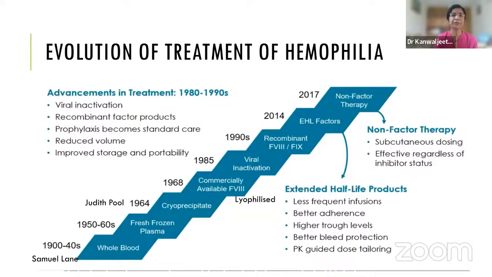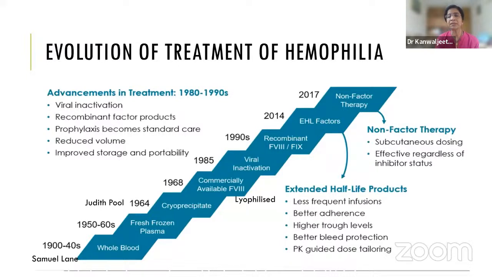How the treatment of hemophilia has evolved over time. Initially, whole blood was used in the early 19th century. This was followed by fresh frozen plasma. Then came cryoprecipitate. Revolution came when lyophilized preparations were available commercially. That changed the life of the patient.